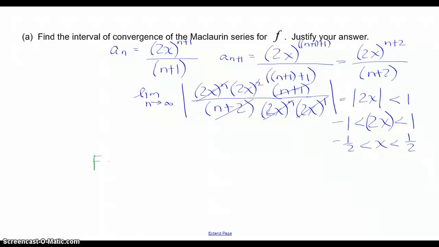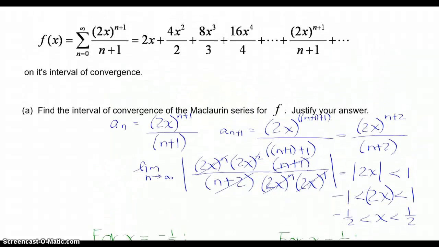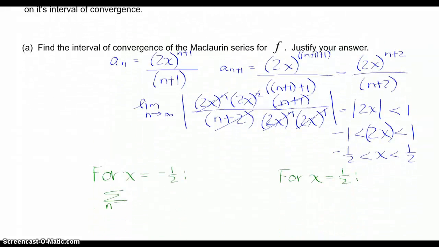And now we need to find out what's happening for x equal negative 1/2 and find out what's happening for x equal positive 1/2. We're going to plug that into our general term. We started n equals 0 to infinity.